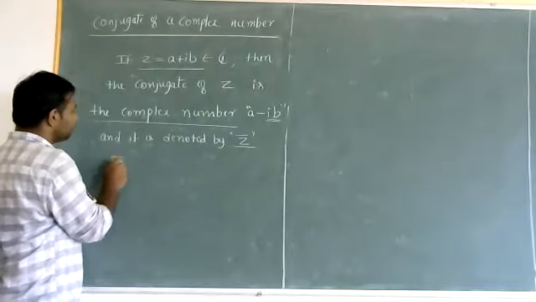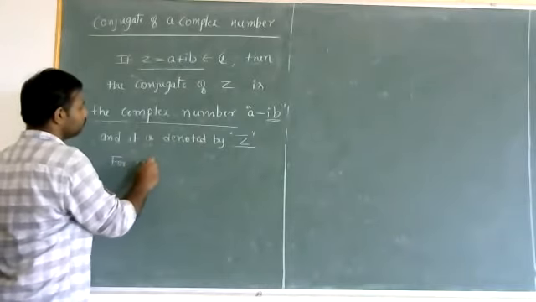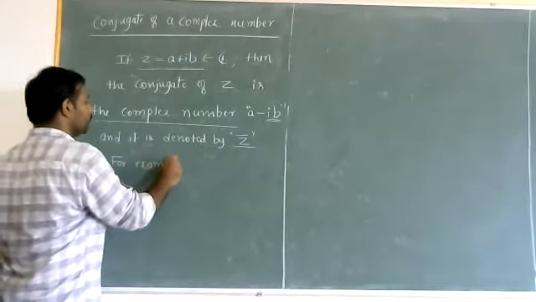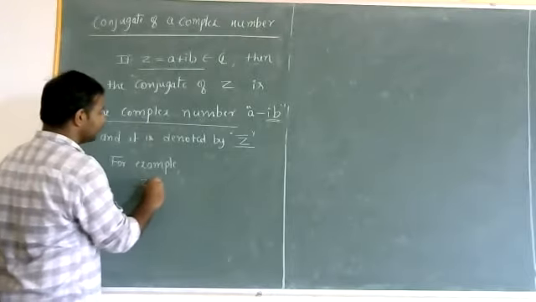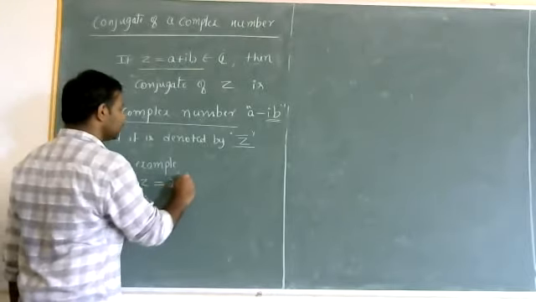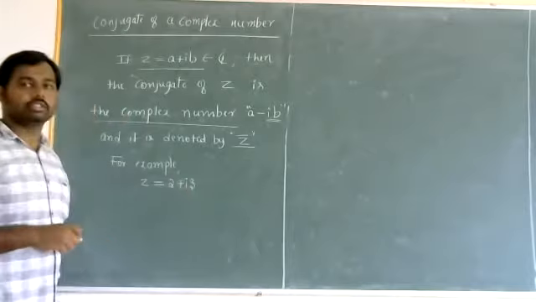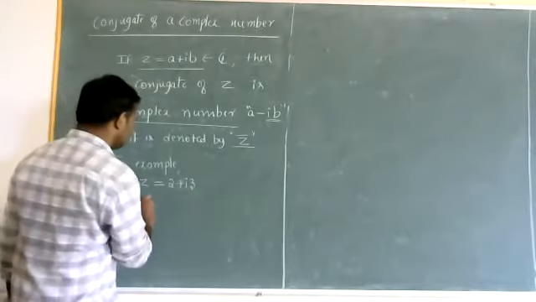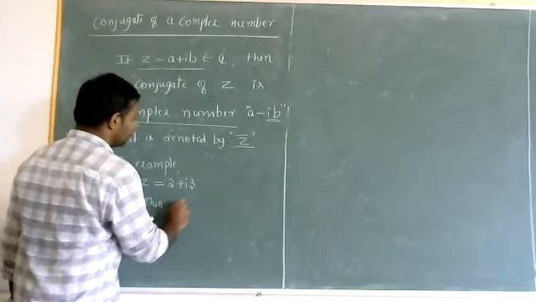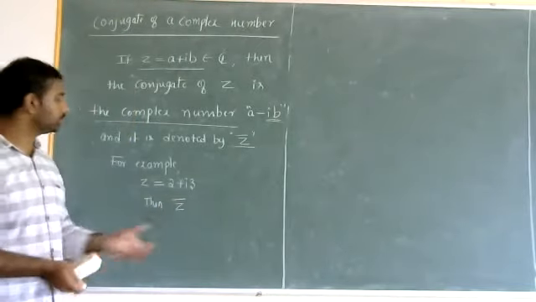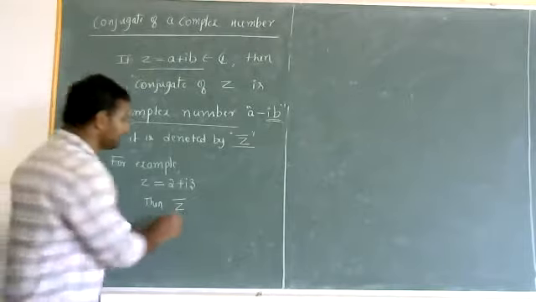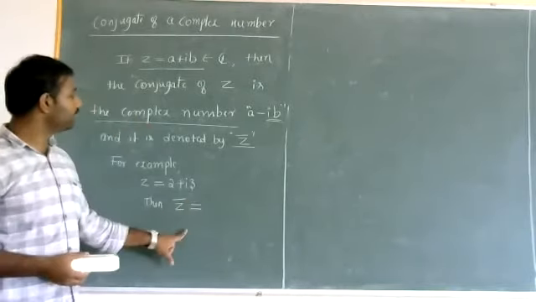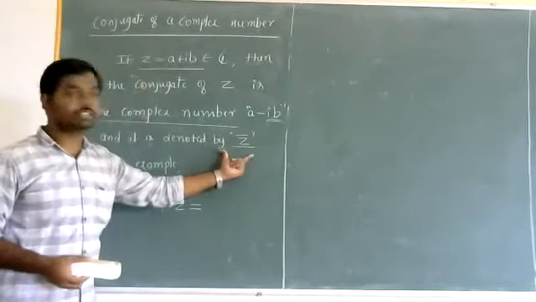For example, if I take z to be 2 plus i3, or 2 plus 3i as you can also call it, then its conjugate, denoted by z bar, will be, so just follow this definition.